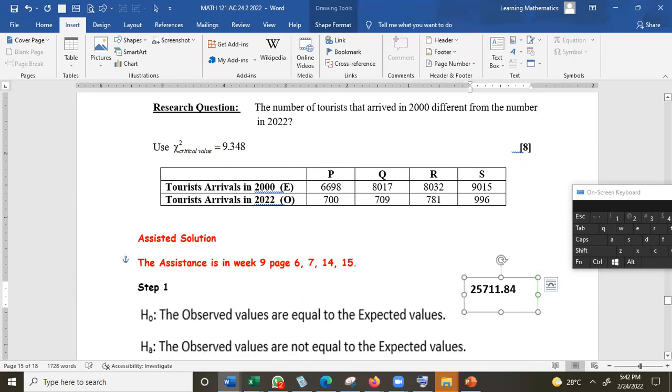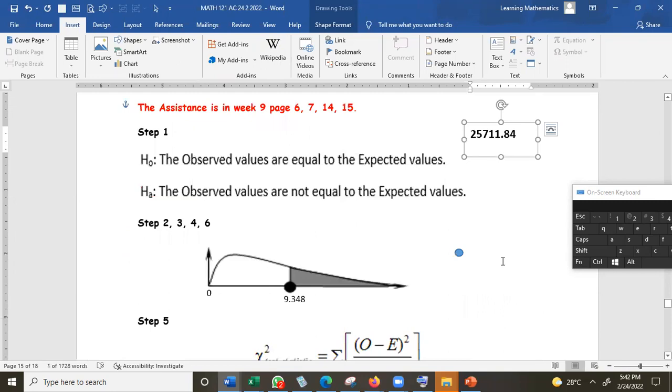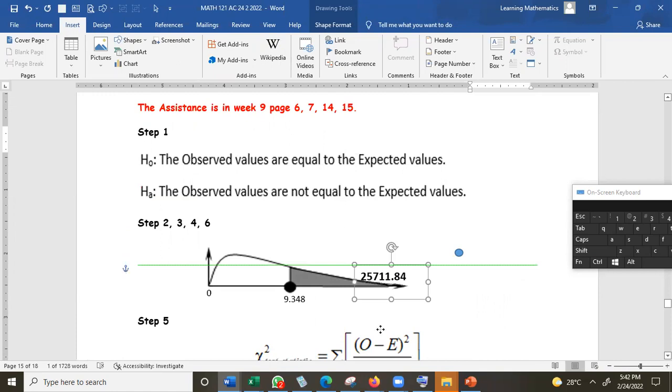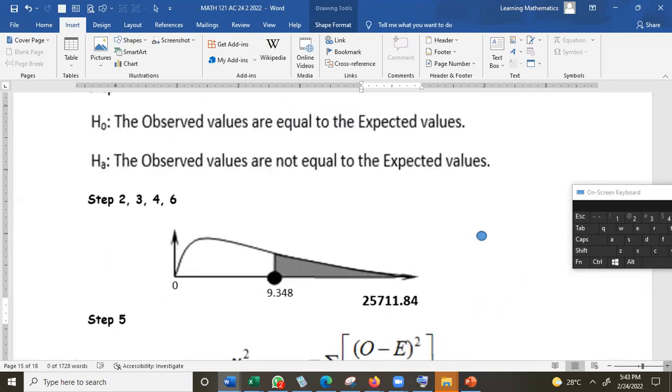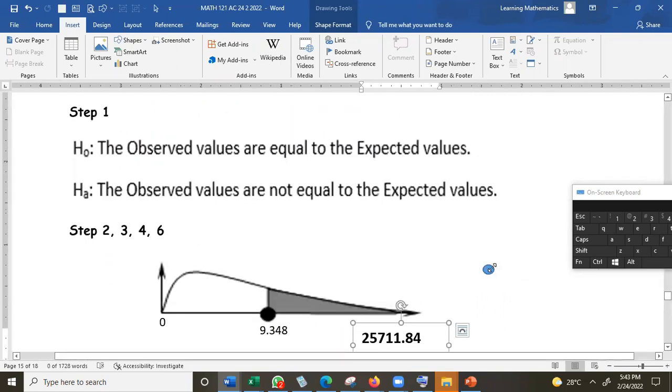Right, so now we have to put this on the curve. That is step number 6. Clearly, 25,000 is on the right side of 9 on the number line. This is not drawn to scale, it's not needed because you just want to know where the test statistic landed.